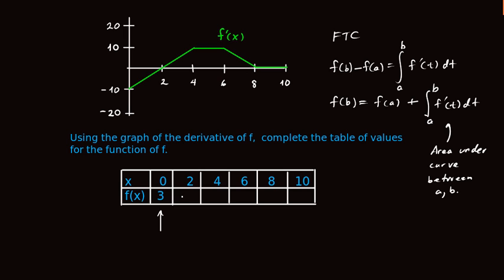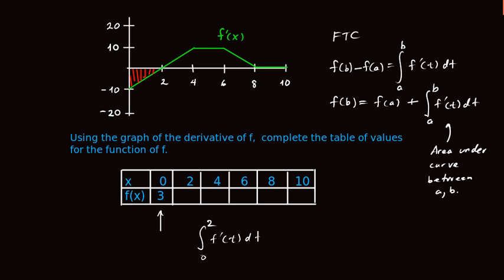Okay, so let's see how this works for this example. To find the value at 2, I need to know what's the change that occurs from 0 to 2 in the function f. The total change in the function from 0 to 2 is given by the integral between 0 and 2 of f prime of t dt, which in this case is going to be the area between the x-axis and the graph of f prime.